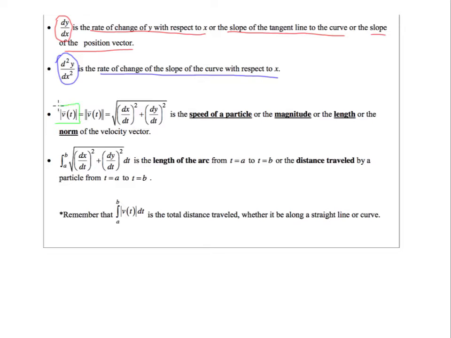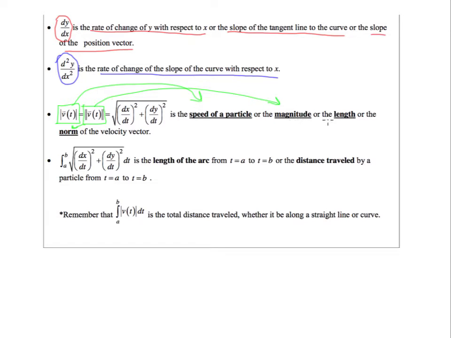Our speed of our particle, the absolute value of velocity, can also be noted in two different ways. We can sometimes call it its magnitude, and instead of just absolute value, we'll put it in 2 bars. That means the magnitude of the velocity vector, sometimes called the norm of the velocity vector.